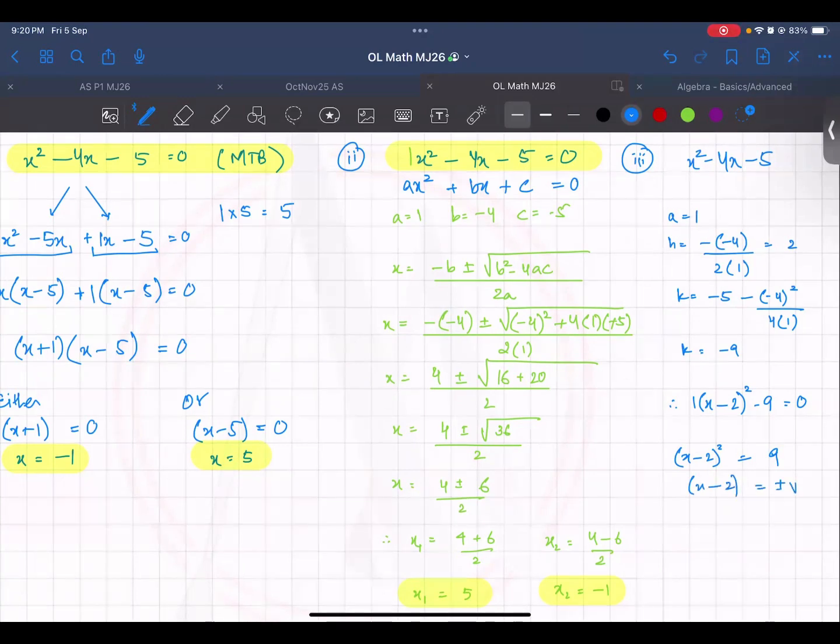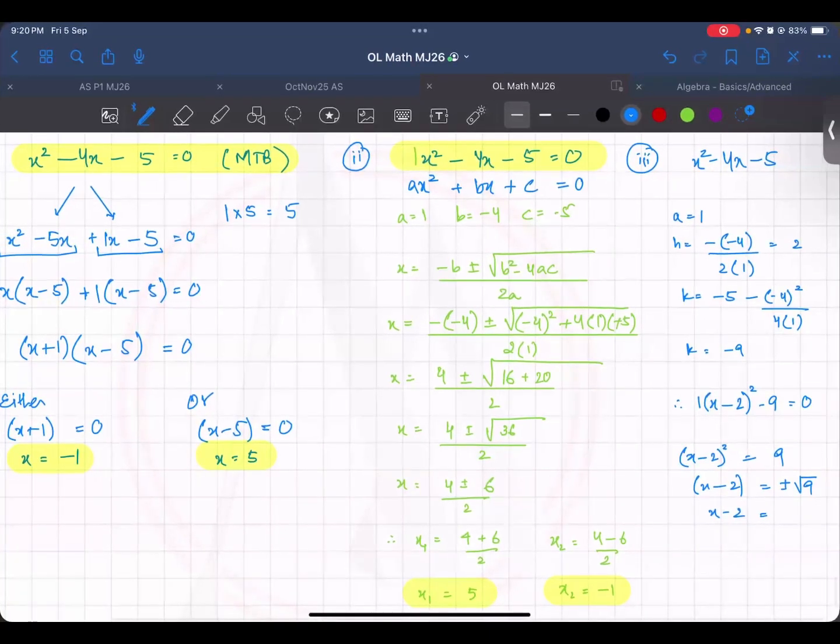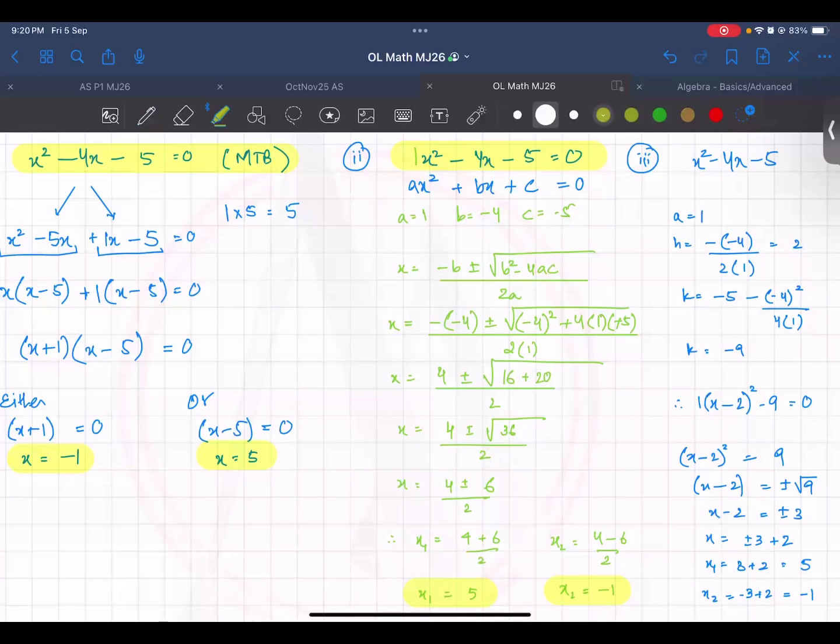So plus minus is square root of 9. And then x minus 2 would be plus minus 3. And x would be plus minus 3 plus 2. So x1 would be 3 plus 2, which is 5. And x2 is -3 plus 2, which would be -1. So look, you're getting the same answer again.